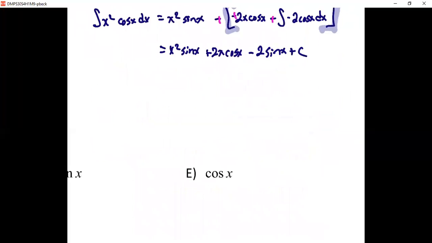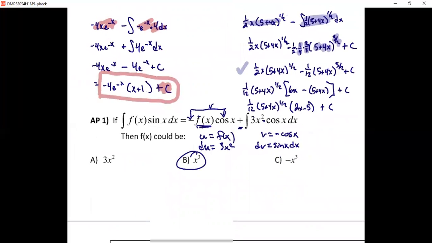So, moving right along, sample AP problem. If we were taking the integral of f of x sine of x, this is kind of like the way they would assess this kind of problem, because what you're looking at is the formula behind integration by parts, but we don't actually want them to evaluate it.